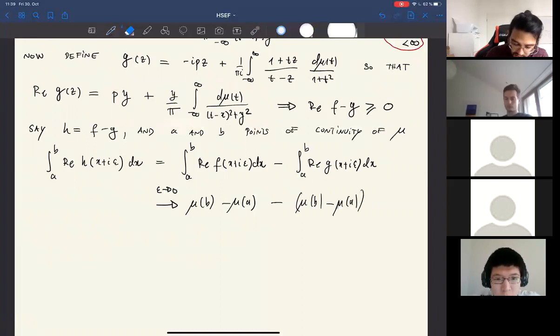Okay, so by construction is this part, and by theorem 3 is this part. So this is 0.